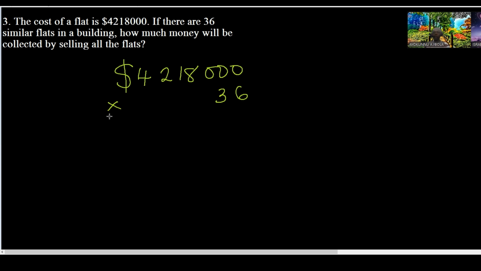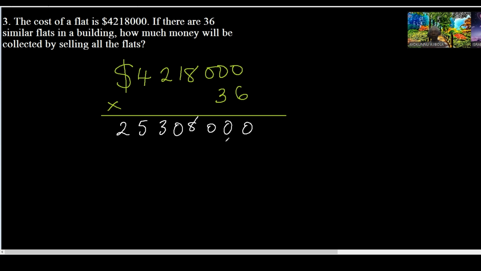The first layer: 6 times 0, 6 times 0, 6 times 0, 6 times 8 is 48. You keep 4. 6 times 1 is 6 plus 4, that's 10. You keep 1. And 6 times 2 is 12 plus 1, that's 13. You keep 1. 6 times 4 is 24 plus 1, that's 25. So this is the first layer of the multiplication.